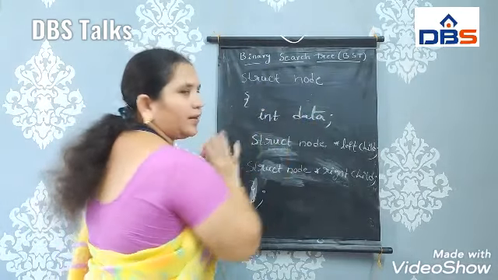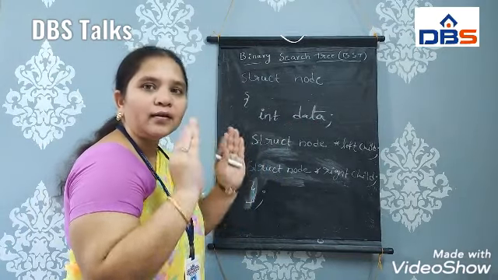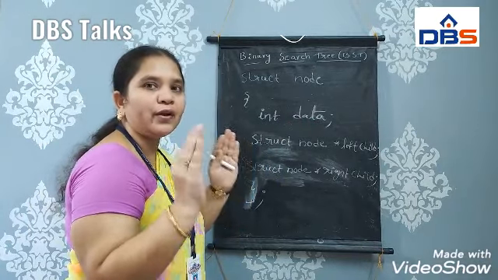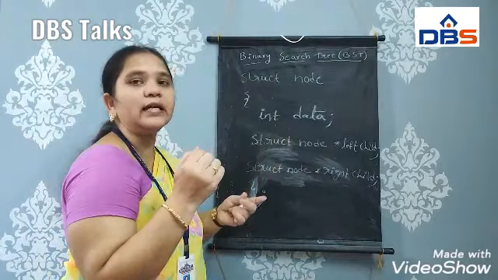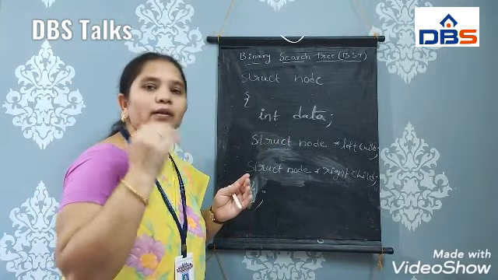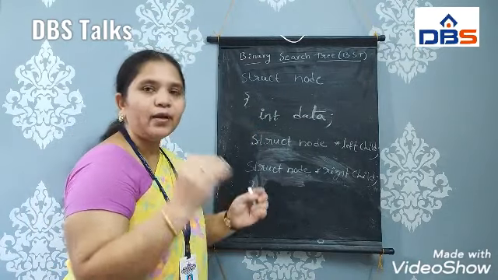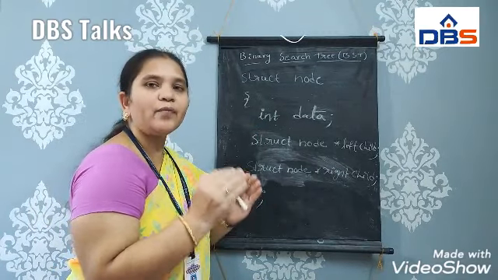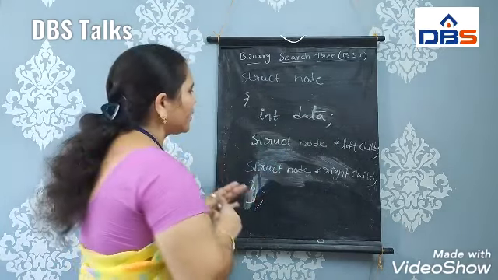The middle field is data. According to our example, the data is in the form of numbers, integers. That's why we are using the data type int. Suppose we are using characters like A, B, C, at that time we use the char data type. But we are using integers, that's why I am using the integer data type to represent the data.